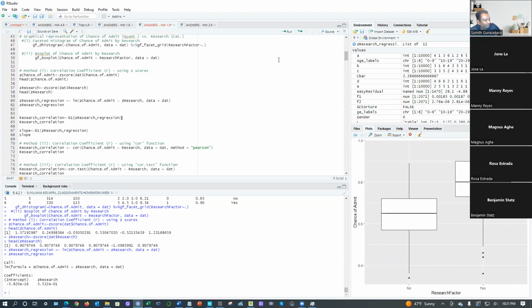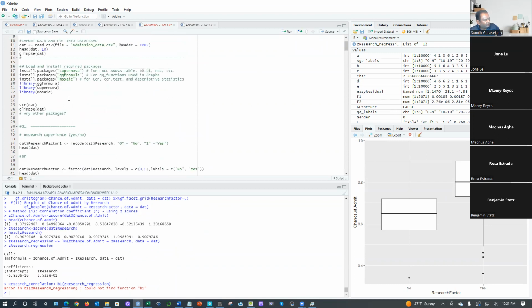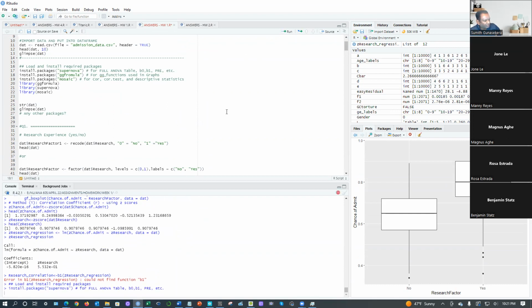I hope this works, it didn't work even the last time. Can you remember? Supernova. Let's install Supernova.